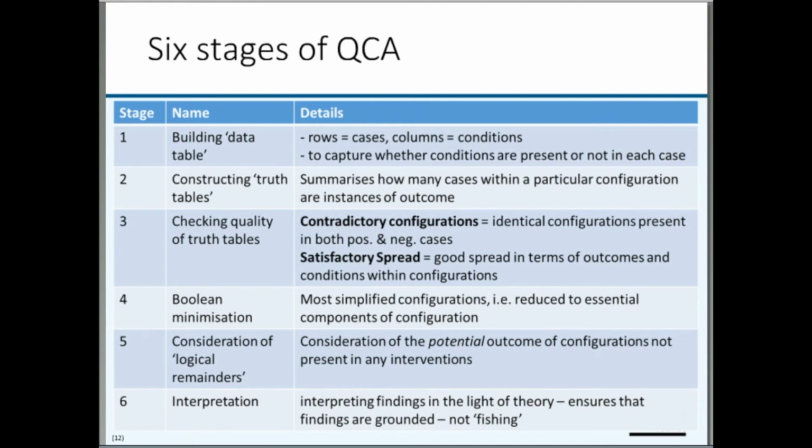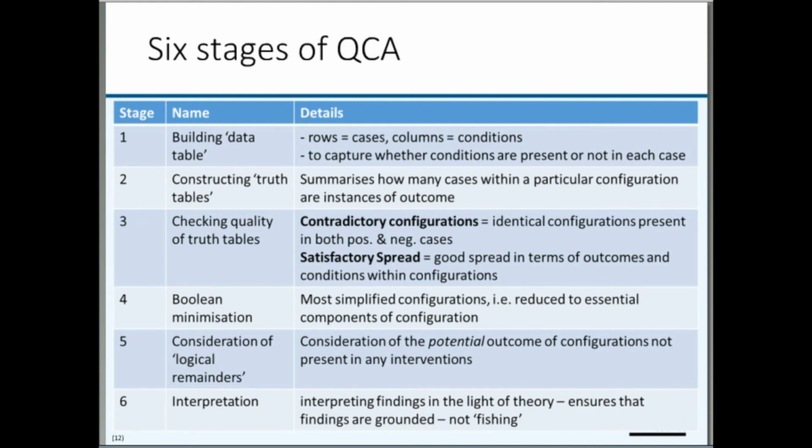So once you have developed your configural question, there are 6 analytical stages within the conduct of a qualitative comparative analysis. The very first stage is what we call building a data table. This is where you essentially map out, using a matrix, your cases, that is your interventions within studies, in the rows, and your conditions, which are the components or features of the interventions, in columns.